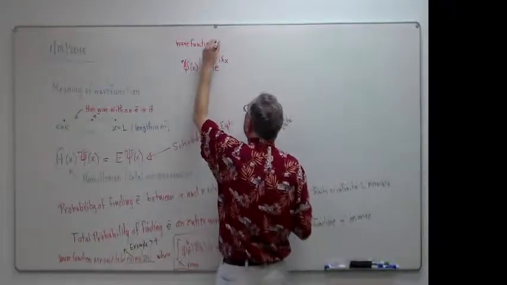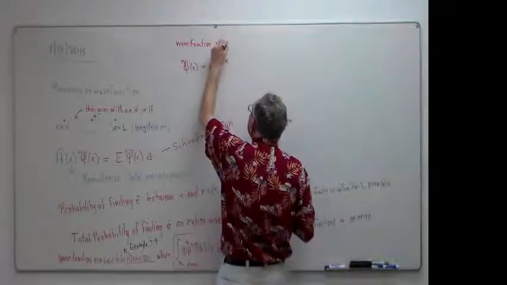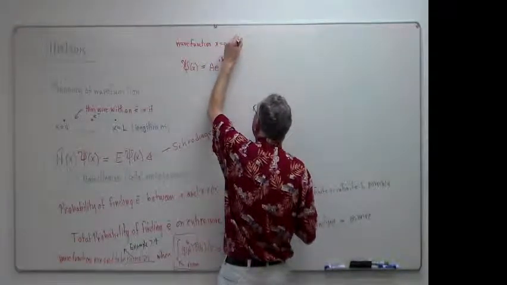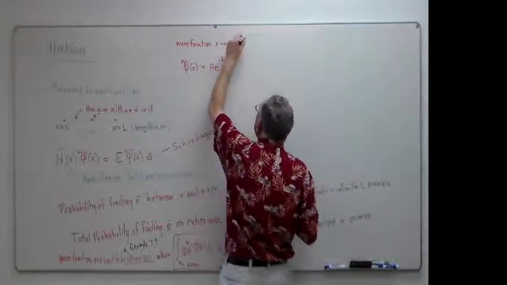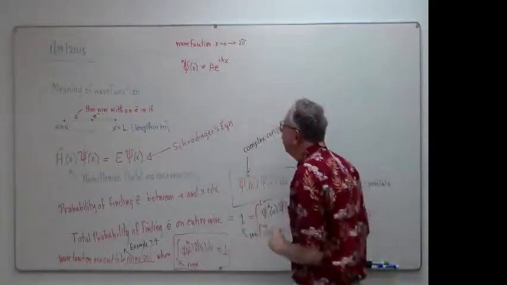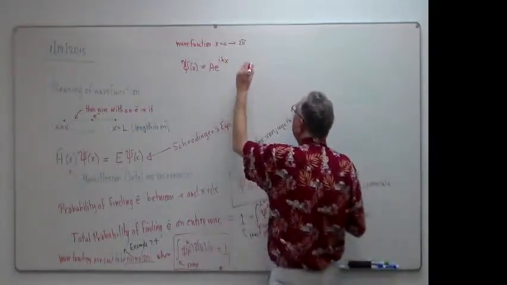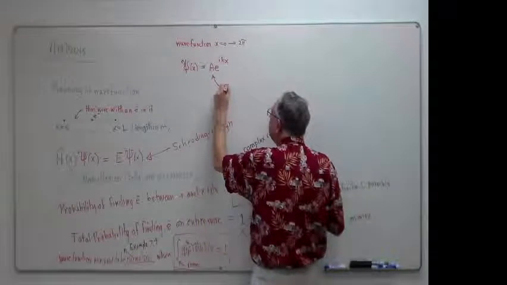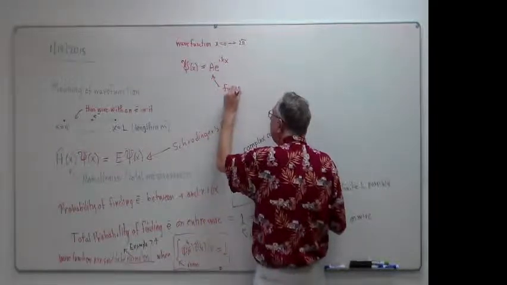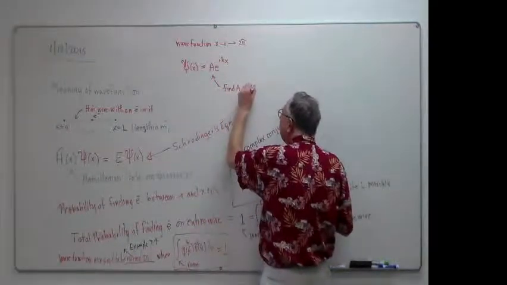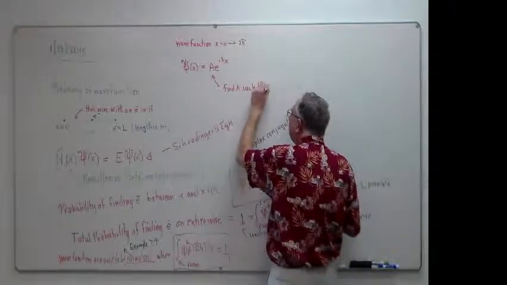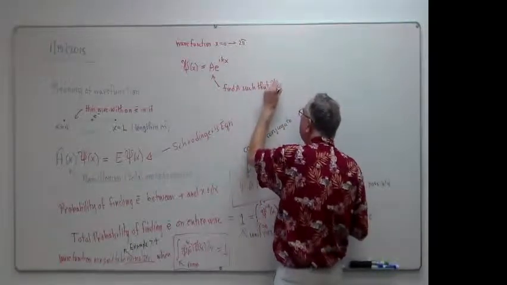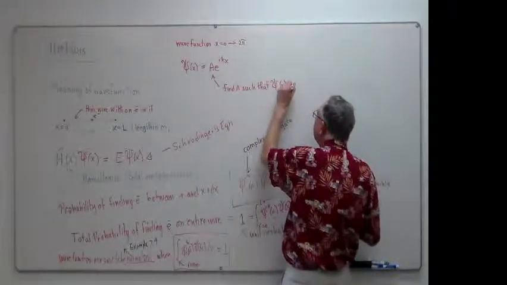And we'll let x go from 0 to 2 pi. And we want to find A such that psi of x is normalized.